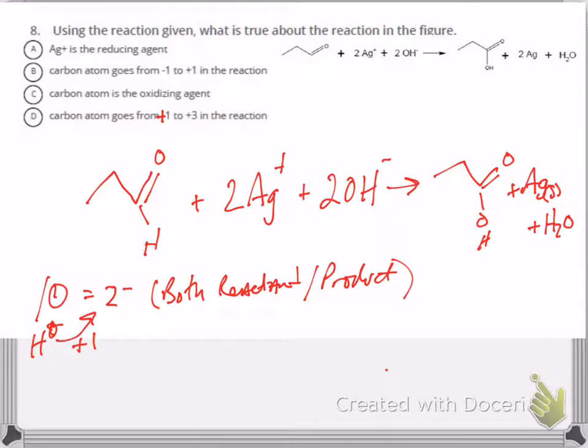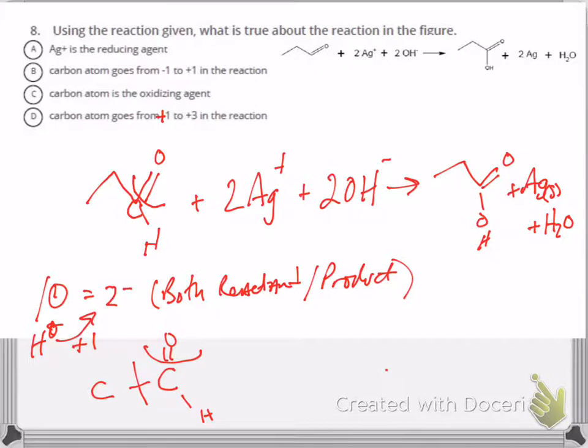Hydrogen is +1, oxygen's -2, all throughout. What we're going to see is that the carbon atom is going to be involved in the oxidation, and the silver is going to be involved in the reduction. So we're going to electron count this carbon to find its charge. We give all the electrons in the C-O bond to oxygen.